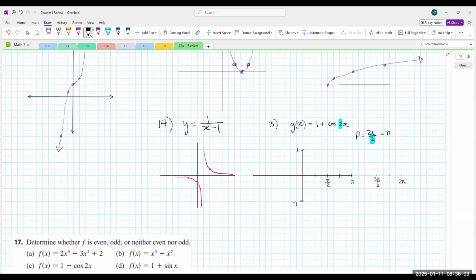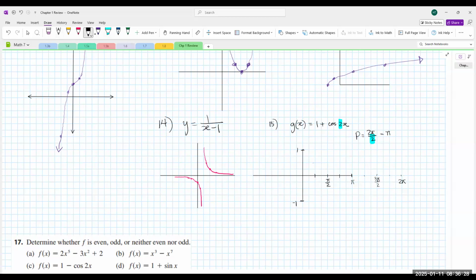One third is approximately 60 degrees, so approximately here. So the graph looks like this. Hold on. No, that's not what the graph looks like.